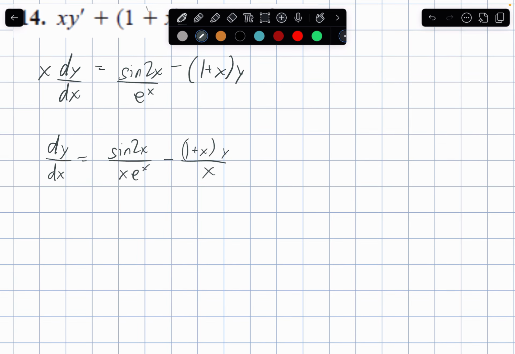Okay, and then I can already smell what variable is nonlinear just by looking at it.